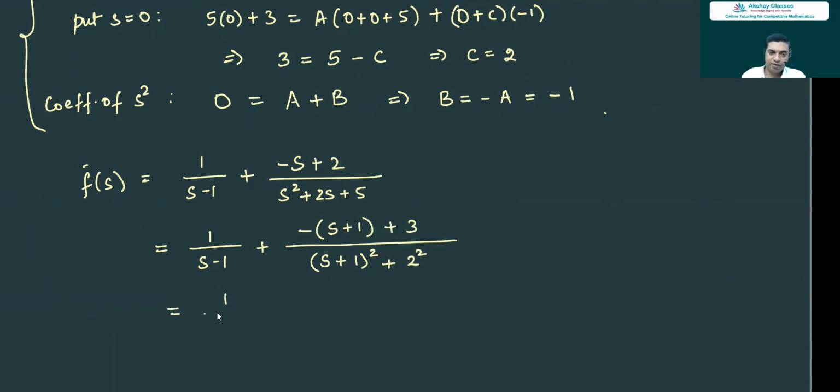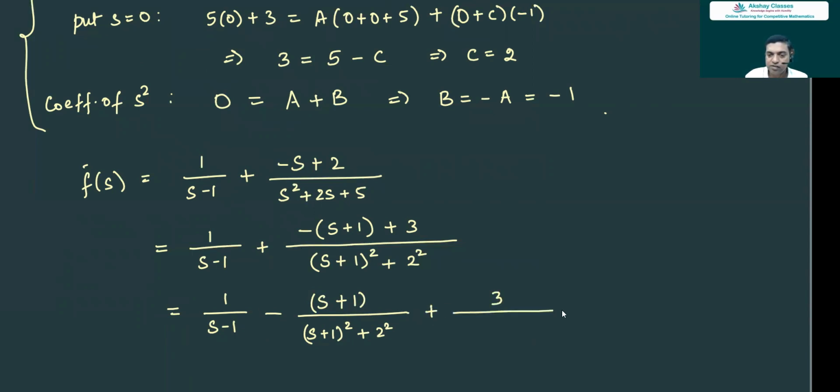So I have split this way: 1 by s minus 1, then minus (s plus 1) by (s plus 1) the whole square plus 2 square, then plus 3 by (s plus 1) the whole square plus 2 square.